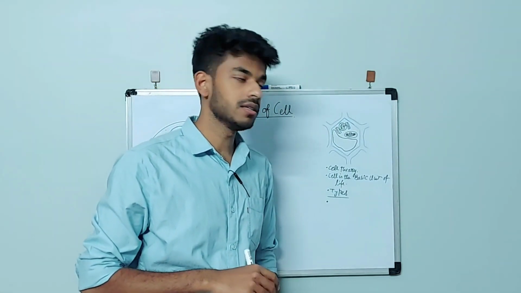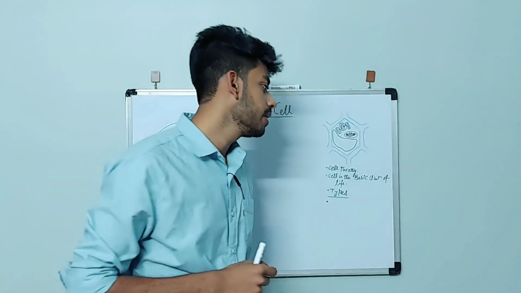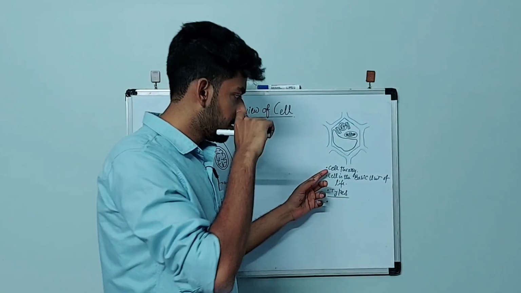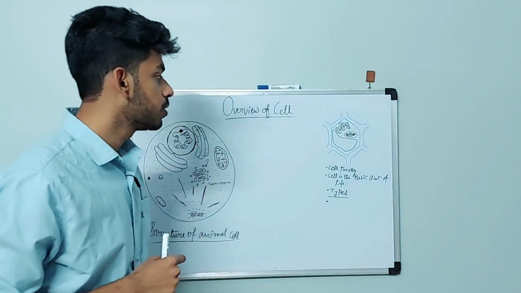Two scientists, Schleiden and Schwann, gave the idea of the cell theory. So what is cell theory?